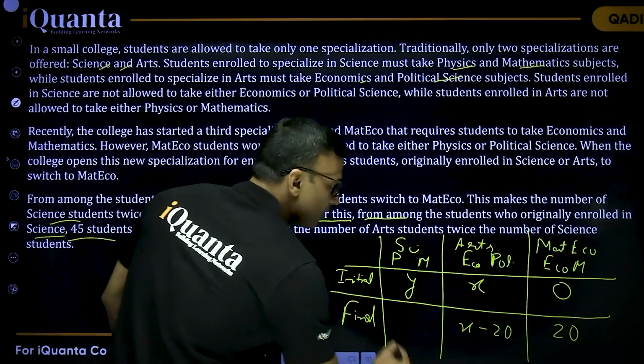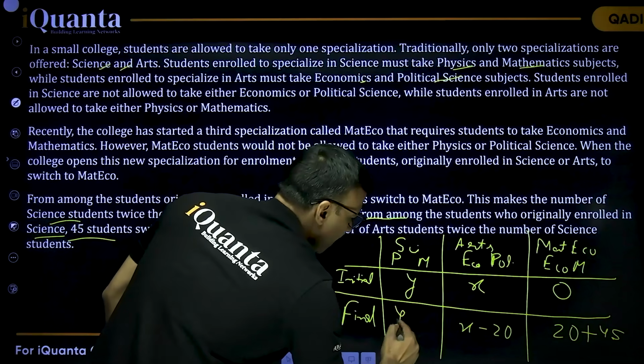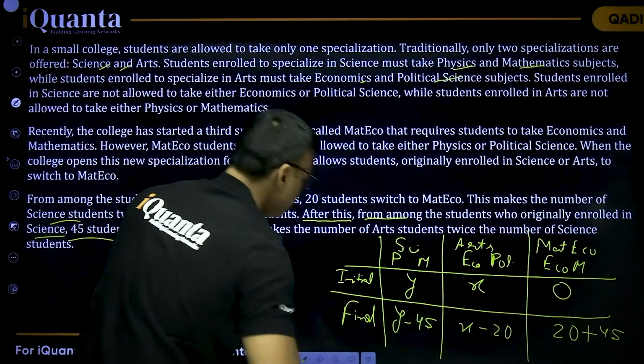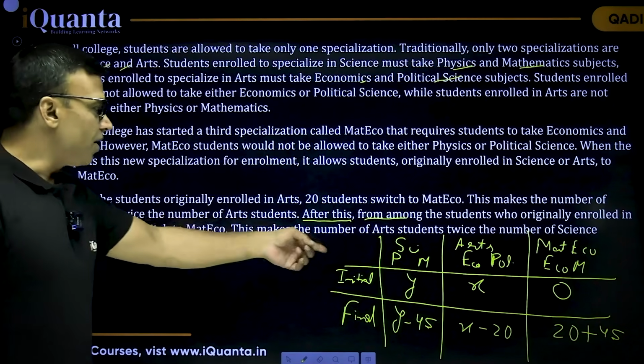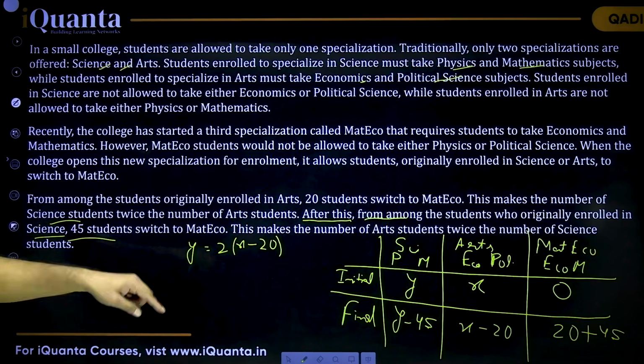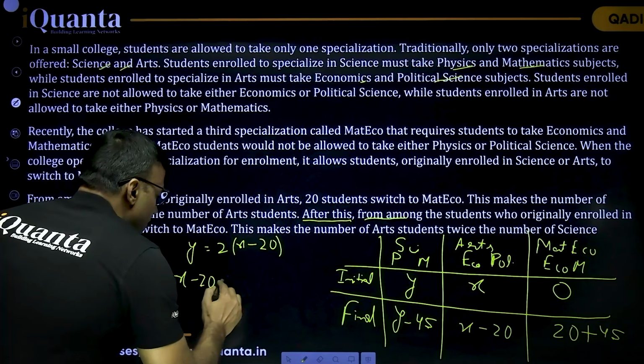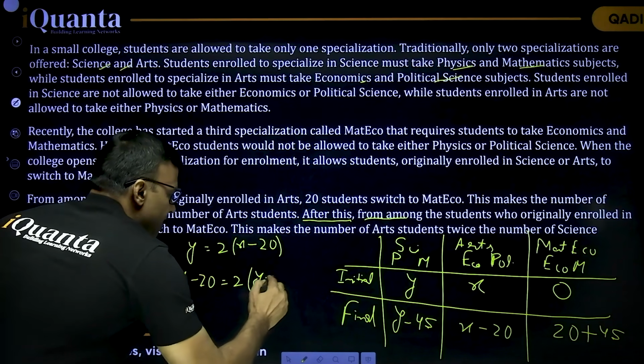So plus 45 here, and this number becomes y minus 45. This makes the number of art students, x minus 20, twice the number of science students. So the other equation will be x minus 20 equal to 2 times y minus 45.